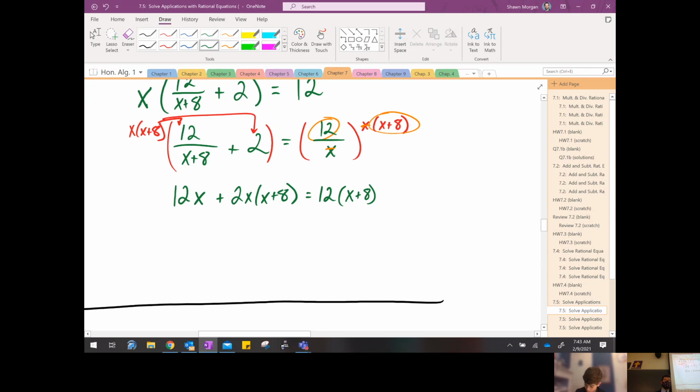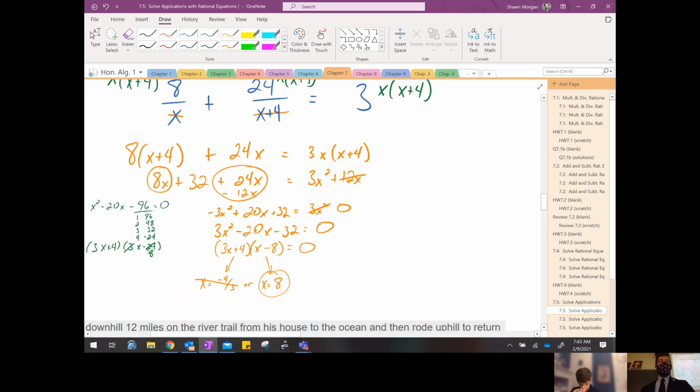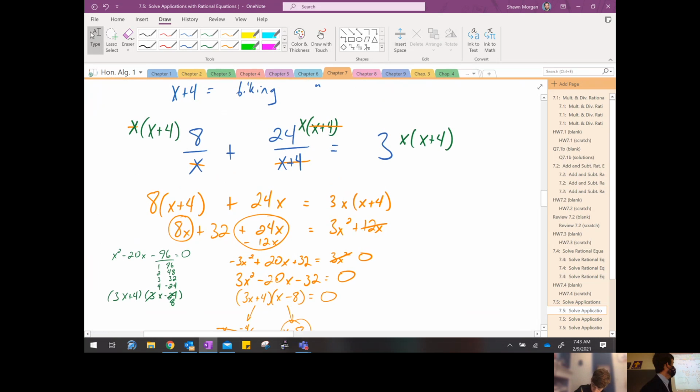And again, let me encourage you guys, physically write the LCD at the top of each and every fraction. I didn't do it in this example. I think I might have done it in the last example. If you want to, physically write it up, just like we did in green on that last example. And then you can physically just scratch out each denominator, and then you see what's left over. Oh, look, there's an 8 and an x plus 4.